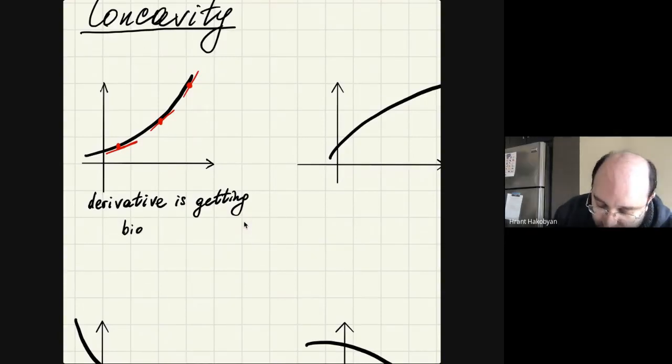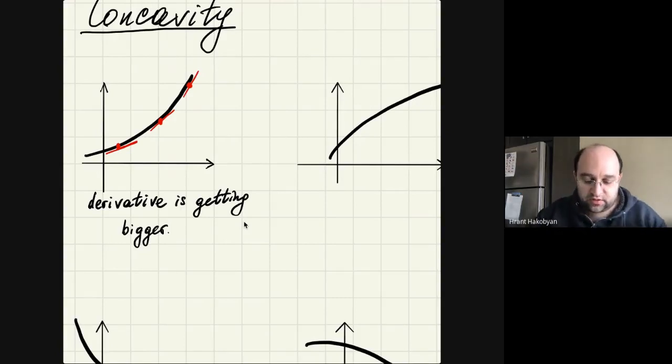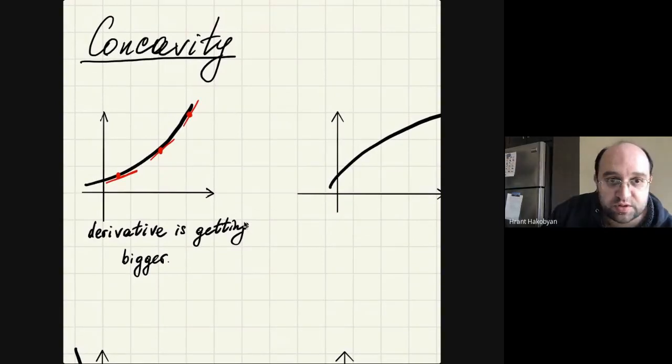Why is that? Because the derivative is the slope at this point, and we see that the slope is becoming greater and greater. So that means the derivative is getting bigger and bigger, okay?